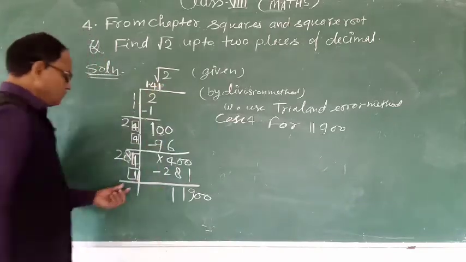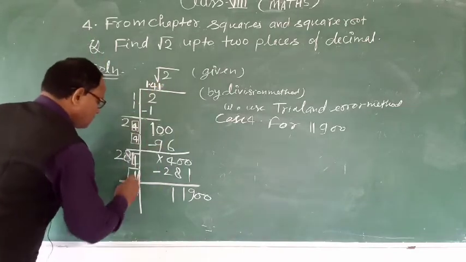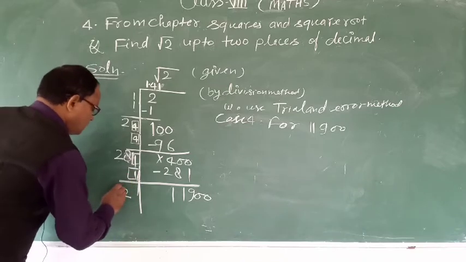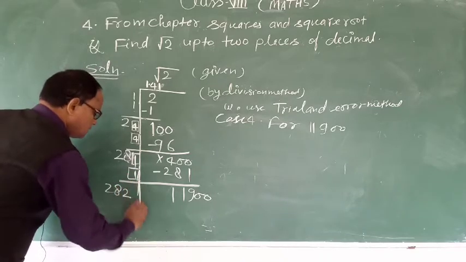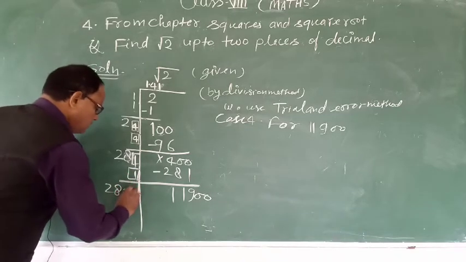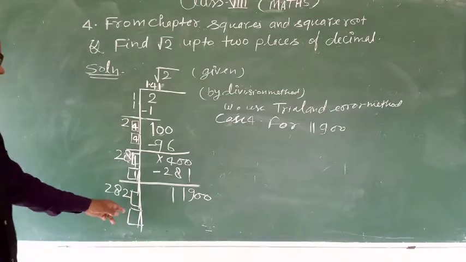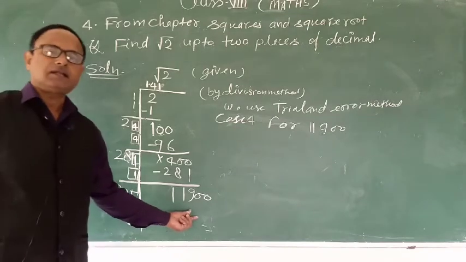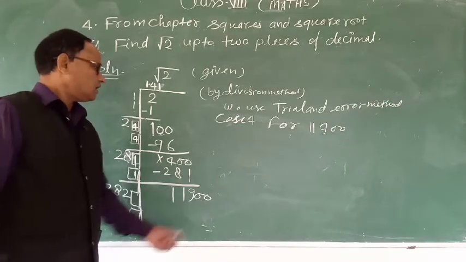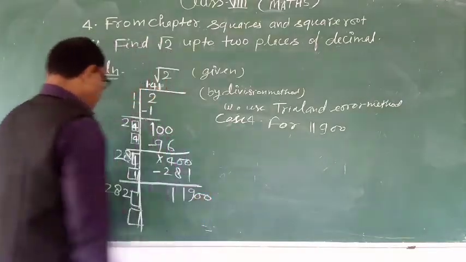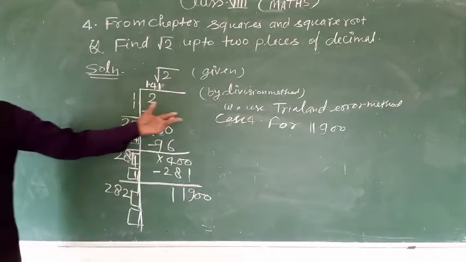After this, which number's square? Here write 1 1 2 and 8, and here write 282 and make a box here. Which number? Write here and multiply this, which is not greater than 11,900. Okay, student. After this we solve it.